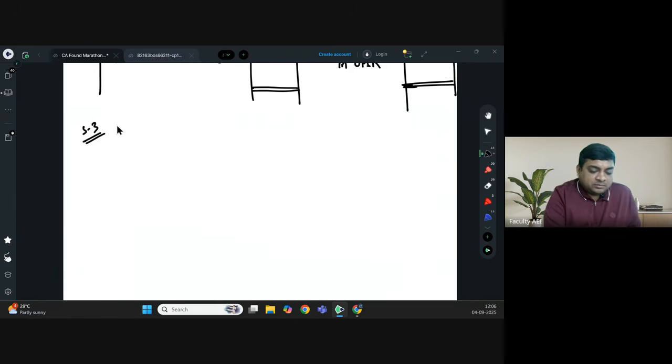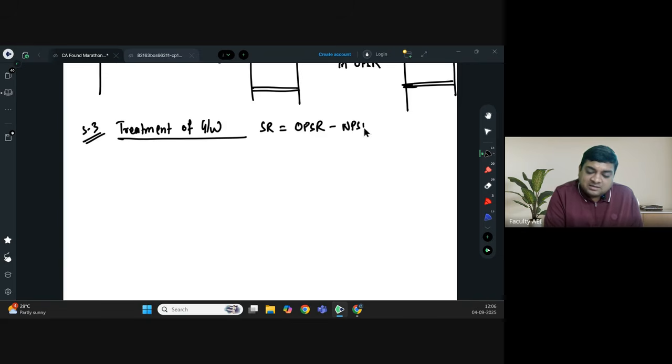Treatment of goodwill. For that, we have to calculate SR. OPSR minus NPSR. A: it was 3 by 5 minus 1 by 3. B: the same.